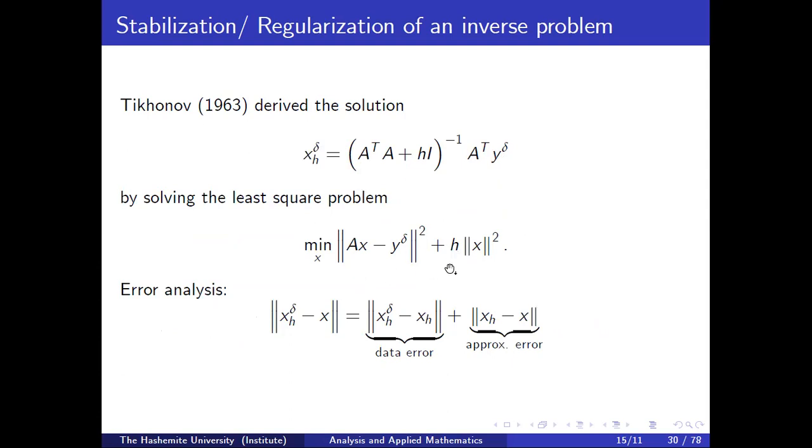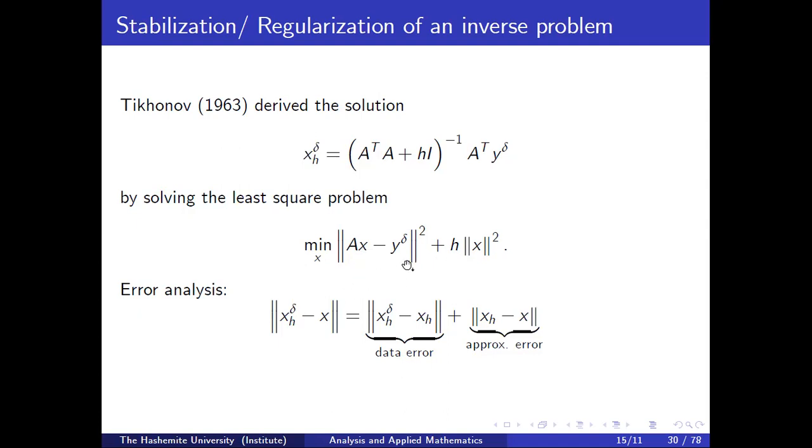He minimized two terms. The residual, which is the error, and the norm of the solution X, which means we are choosing the solution with the smallest norm. In mathematics, this means we are looking for the smoothest solution.